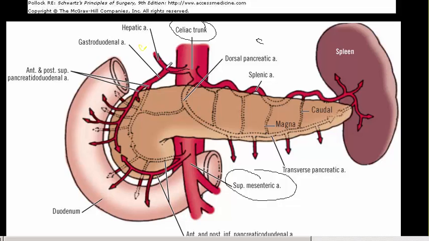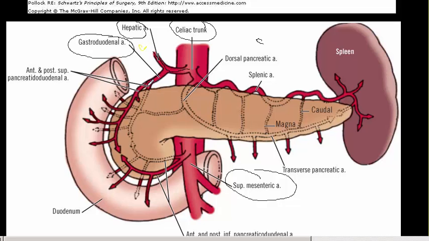The common hepatic artery will go as the hepatic artery proper to the liver, but before that, it will give what we call the gastroduodenal artery. So the celiac trunk, common hepatic artery, the gastroduodenal artery. This gastroduodenal artery will look at the duodenum and the pancreas and say, oh, the poor duodenum and pancreas, I'm going to give them blood to live.